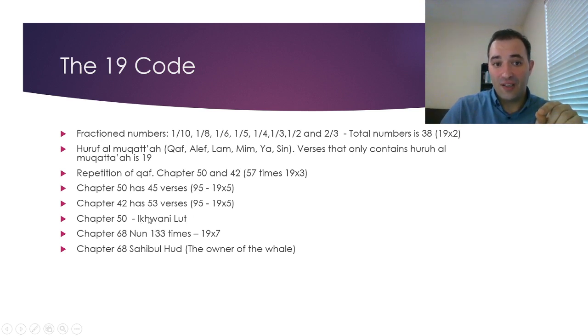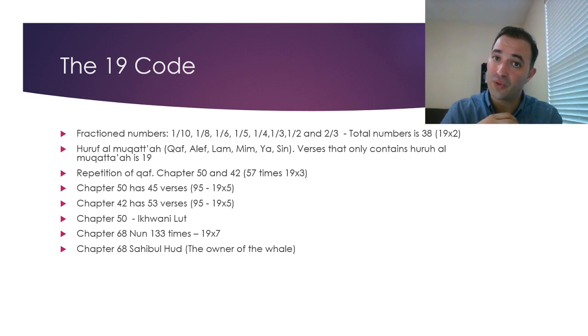If this particular word were Qawmi Lot, the number of the letter Qaf would exceed 58, which is not a multiple of 19. So precisely in this chapter 50, the only time in the entire Quran, it says Ikhwani Lot, which doesn't have the letter Qaf.